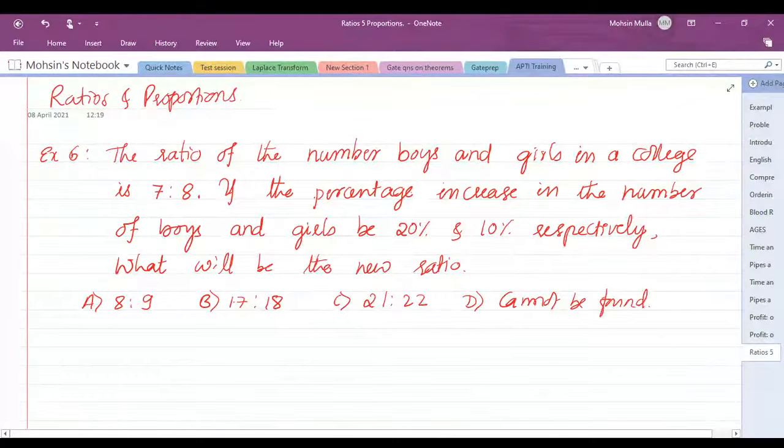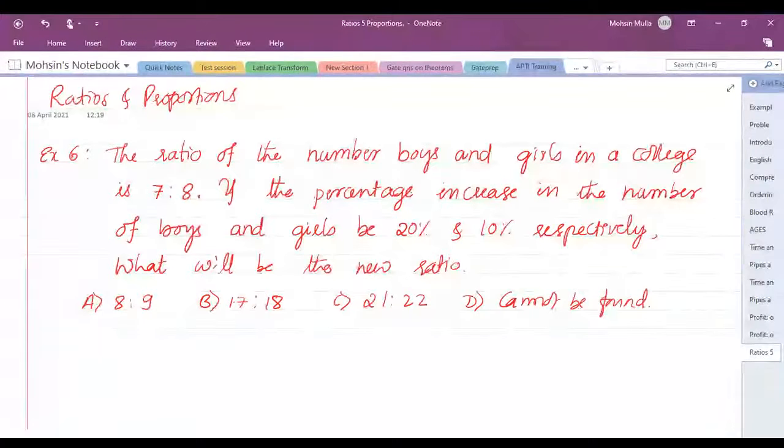Okay, so here they have already given a ratio between two quantities, that is boys and girls of a college, as 7 is to 8. Just like in your own classroom, earlier only FY to SY students were present, and the ratio of boys to girls was 7 is to 8.